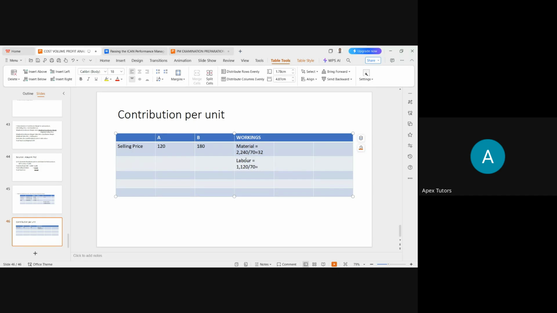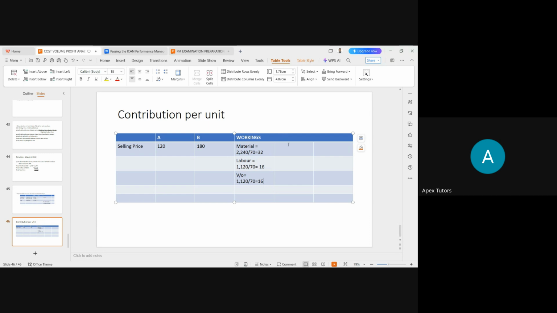You should have 16. For variable overhead, it will be 1,120 divided by 70. You should have 16.